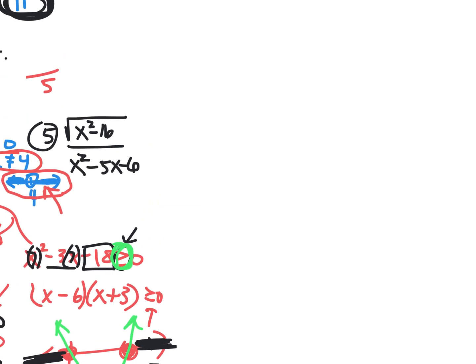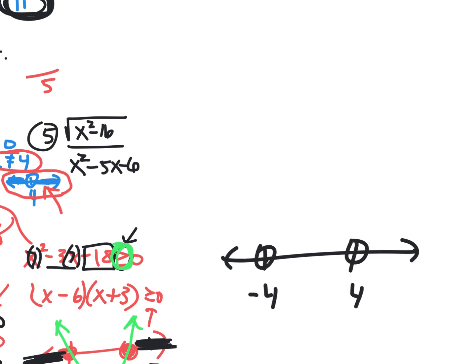Now the last one. If I take x plus 4 and x minus 4, I'm getting smarter about just factoring it right away and saying greater than or equal 0. That's part of it. So let me do that part. Here's negative 4 to 4. Empty spot works here because it's on or equals.